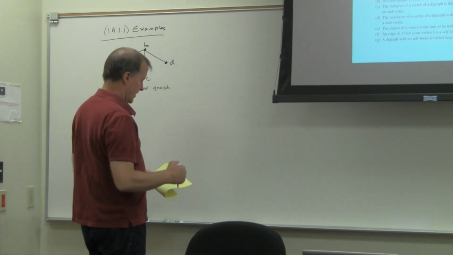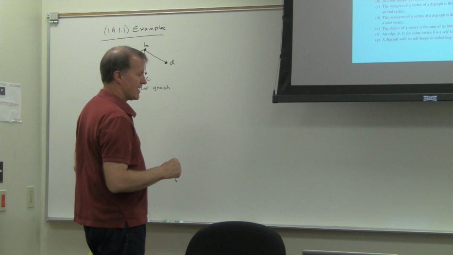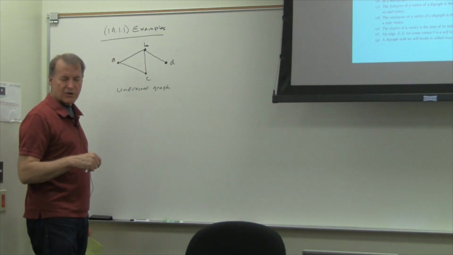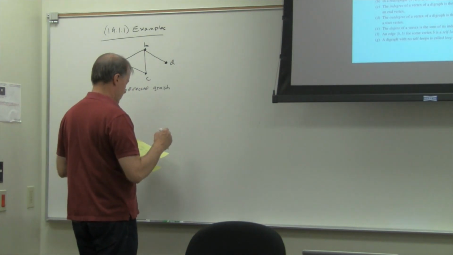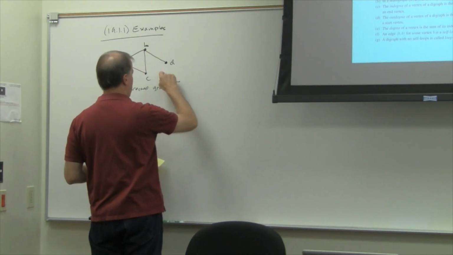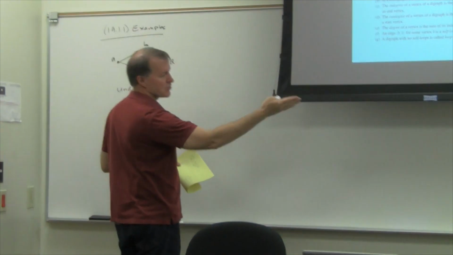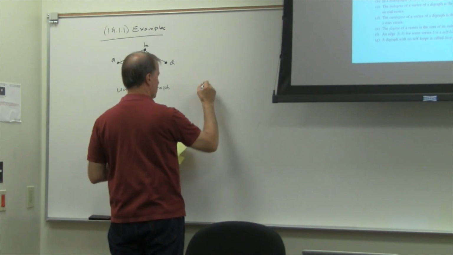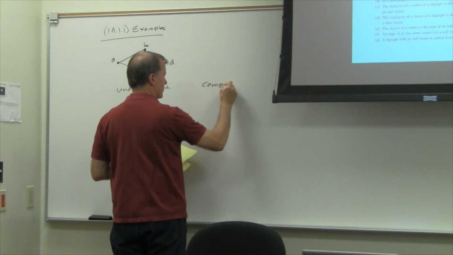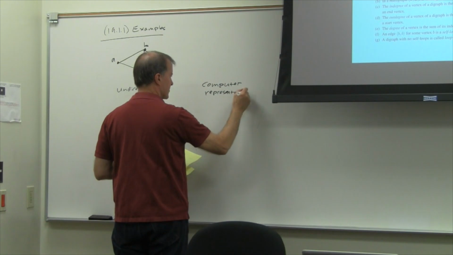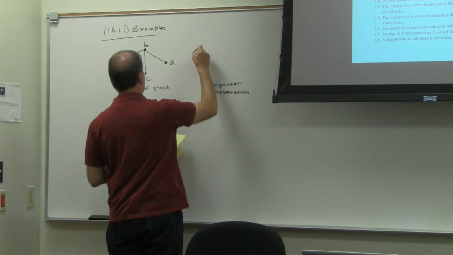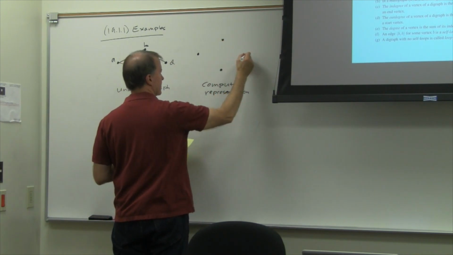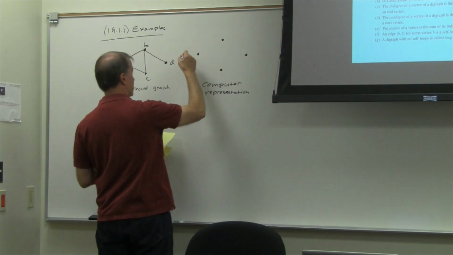Okay. Now, let me just hasten to add that in computing, whenever you implement these graphs in a program, what you would do is use ordered pairs, like this. So here's a computer representation, just to show you how it's normally done if you were programming these graphs and processing them in a computer.